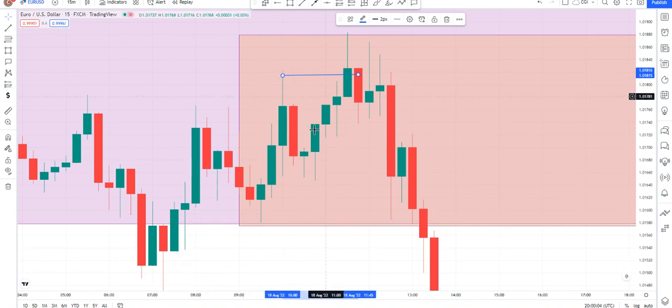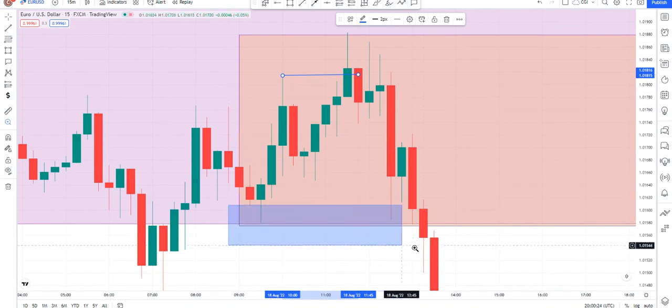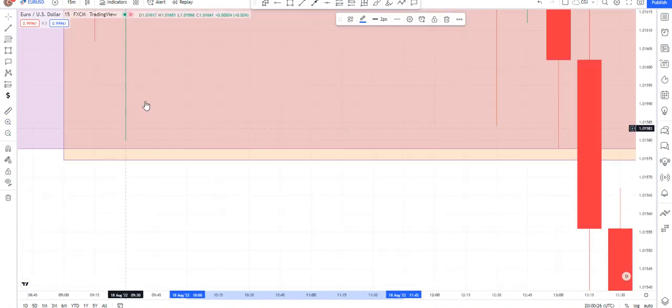This short uptrend had this tiny major liquidity down here. So we want to know who led to the takeout of this tiny major liquidity. I will zoom into the beginning of that area and see when it was taken out.